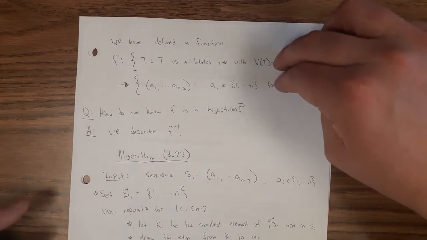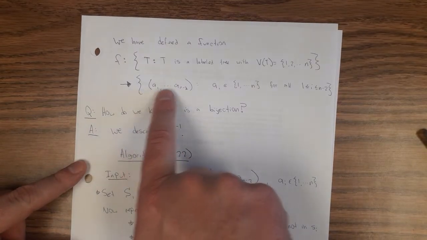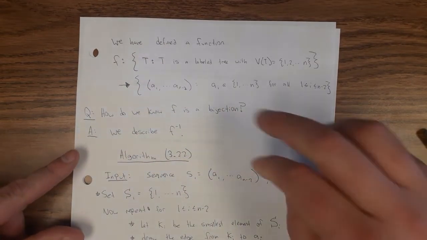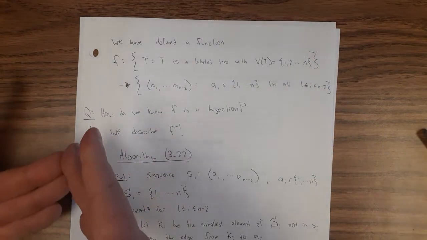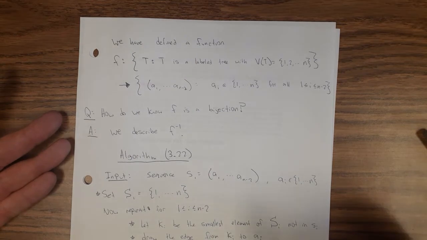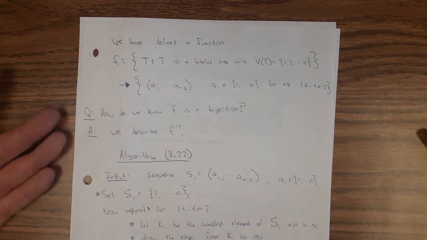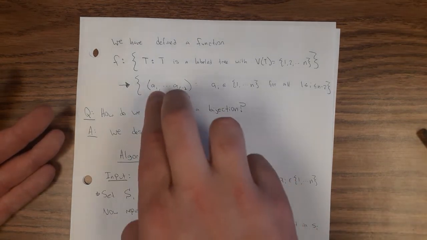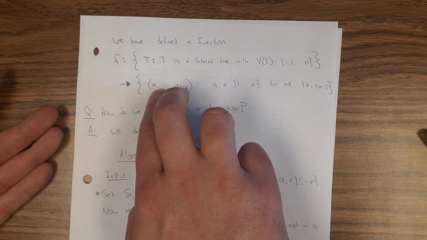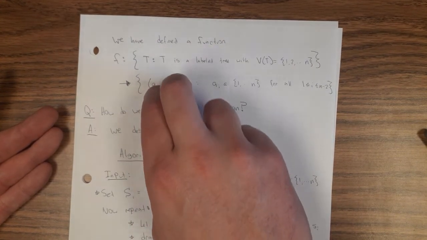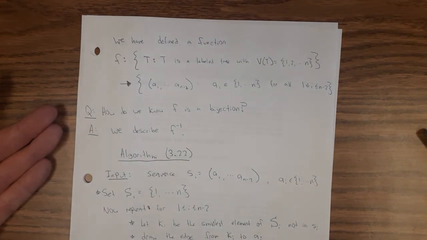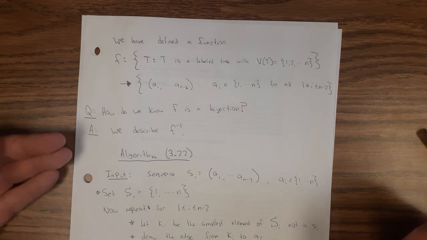To do an inverse function, basically the inverse should go from this set to this set. In other words, conceptually, the original function takes a labeled tree and calculates a sequence of numbers based on that labeled tree. The inverse should go the other way around. The inverse should take a sequence of numbers that you give me and tell me a labeled tree that is associated with that sequence of numbers.